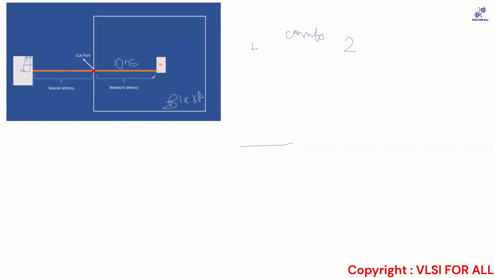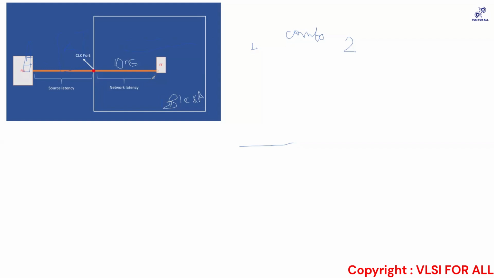Block level constraints are different. Chiplet level constraints are different. So the clock has to take some amount of delay to reach from your PLL or crystal oscillator, whatever source you are generating the clock through. It will take some time to traverse, and that is nothing but your source latency.